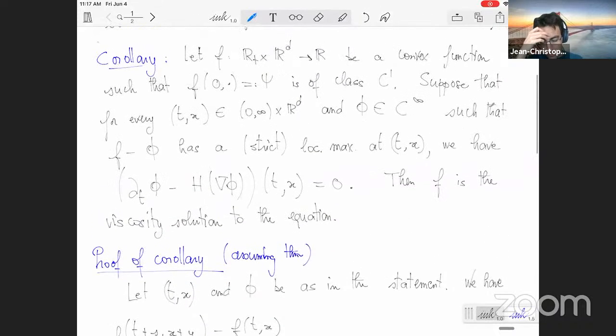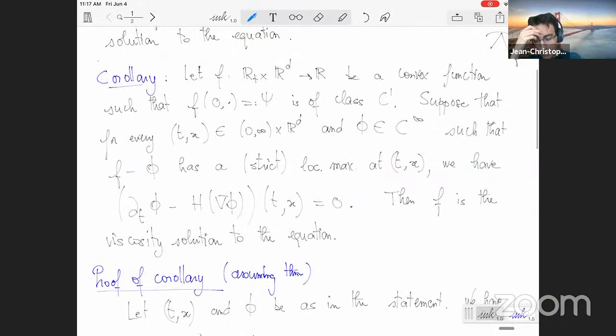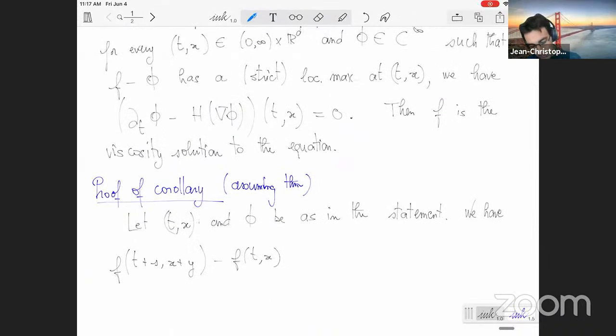Maybe I should redo my drawing. The drawing is here in the top right corner. If I move a little bit and look at the increment for f, it will be smaller than the increment for phi. So let's write it down: f(t+s, x+y) minus f(t, x) is smaller than phi(t+s, x+y) minus phi(t, x).